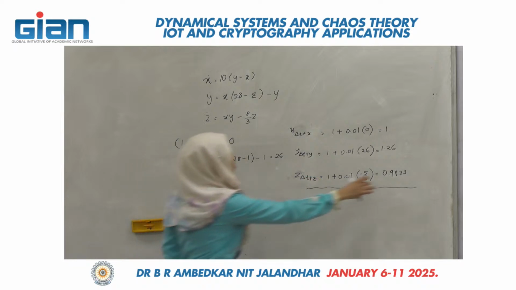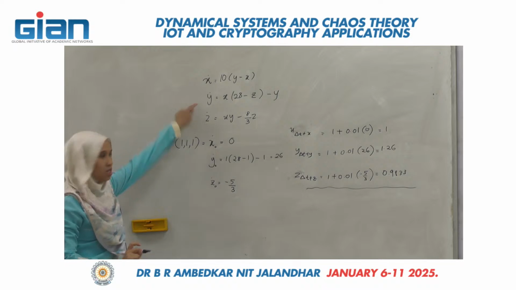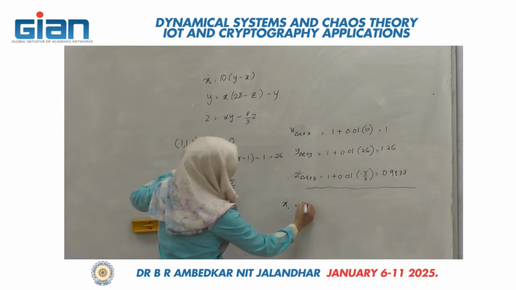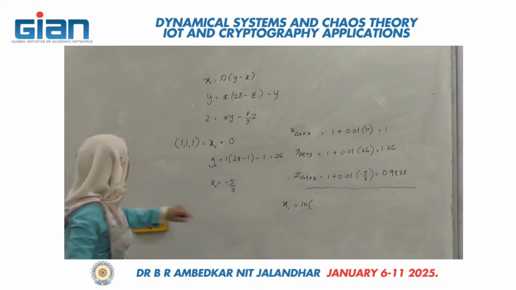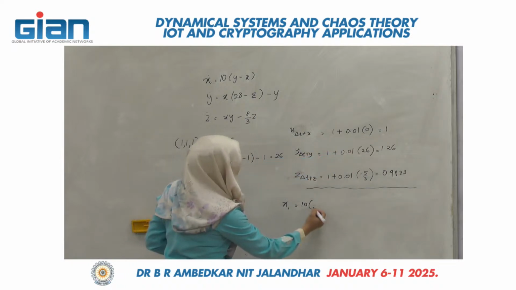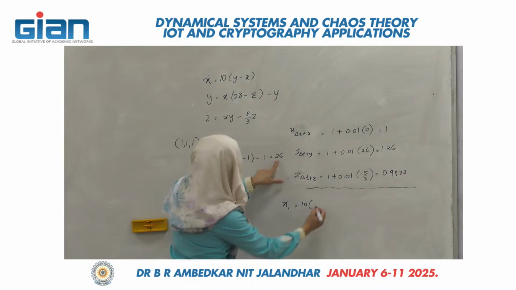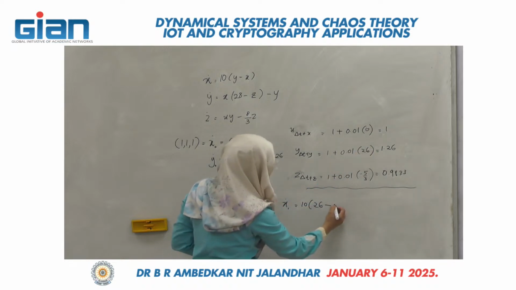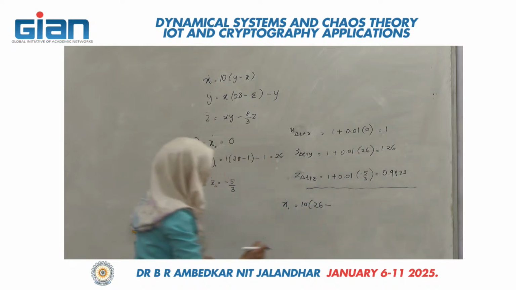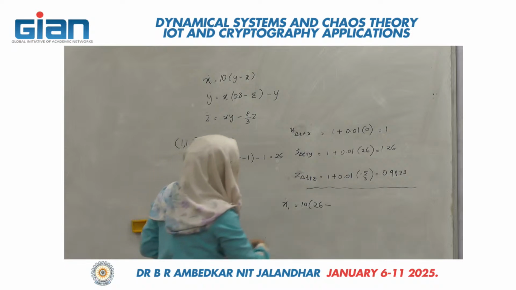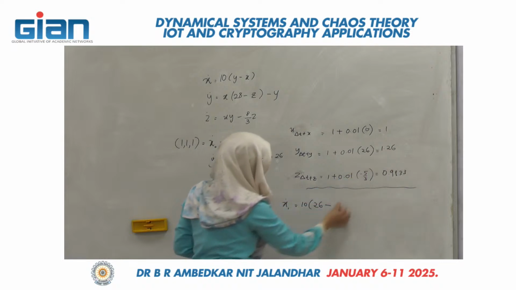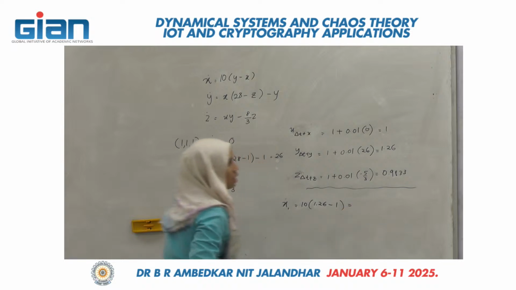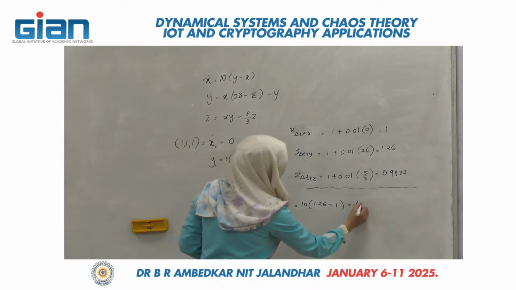So I will include this time step in the equation. For the first iteration, x dot is 10 times (y minus x). y is now 1.26 minus 1, yes, correct. So this one would be 2.6.